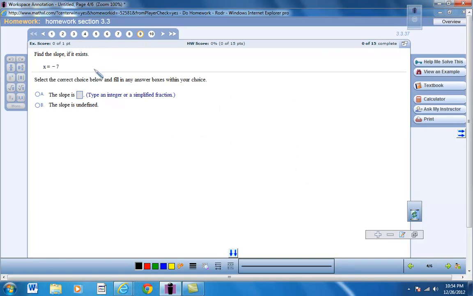So this is a little different problem because here, also they want us to find a slope. But if you look at this, this is just x equals 7. Or negative 7, I'm sorry. And remember I said, as long as it's in y equals mx plus b, or the y is by itself, we can find our slope. It'll be whatever's in front of the x.